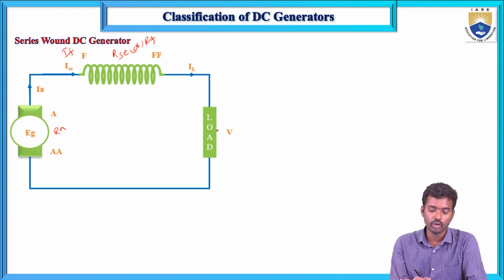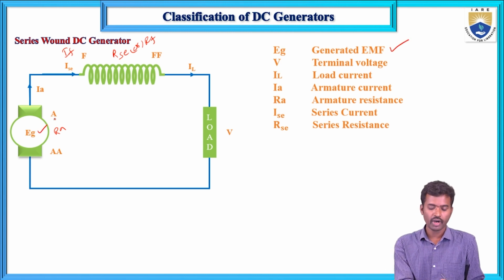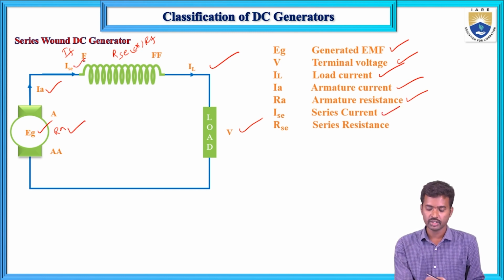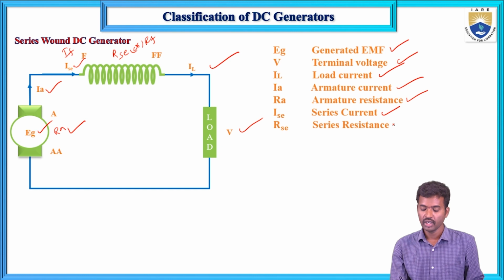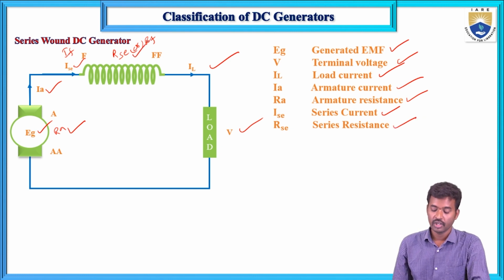If you connect the load, then current flows in the circuit; that current is IL and that voltage is V. Here EG is the induced EMF, V is the terminal voltage, IL is the load current, Ia is the armature current and Ra is the armature resistance. I series is the field current and R series is the series field resistance.